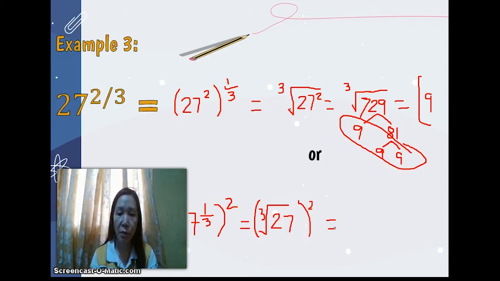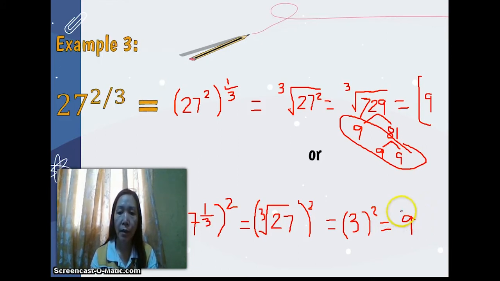So what is the cube root of 27? As we discussed in the recall, the cube root of 27 is 3. So we will write 3 here, and then raise to the exponent 2. So 3 squared is the same as 9.